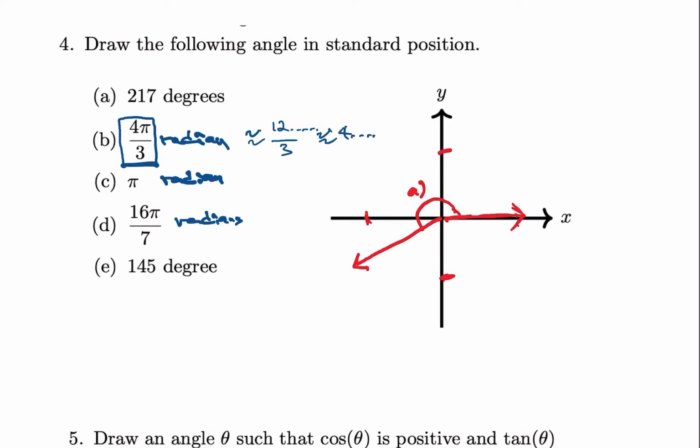So let me draw in green. 4 radians. You pick a radius. Let's just do the same length. Initial ray. So 4 radians will be, here's 1 radian. Let me draw it better. Here's 1 radian, 2 radians, 3 radians, 4 radians. So somewhere here.